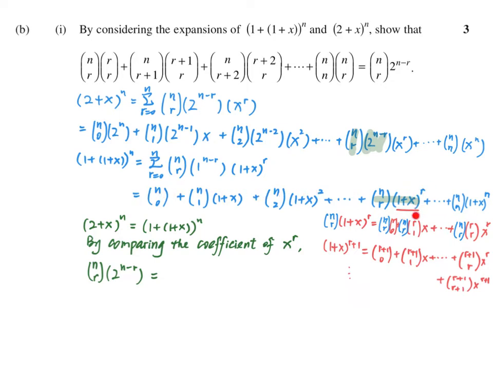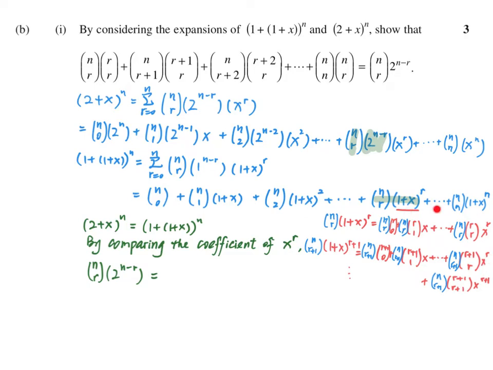How about after this term? The next one should be NC(r+1) times (1 plus x) to the power r plus 1. And in this expansion, the highest power of x should go to r plus 1, which means before r plus 1, you should have x to the power r.